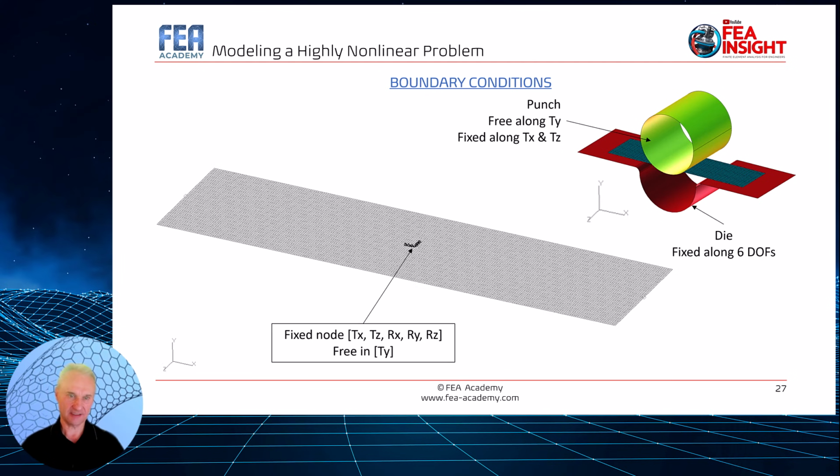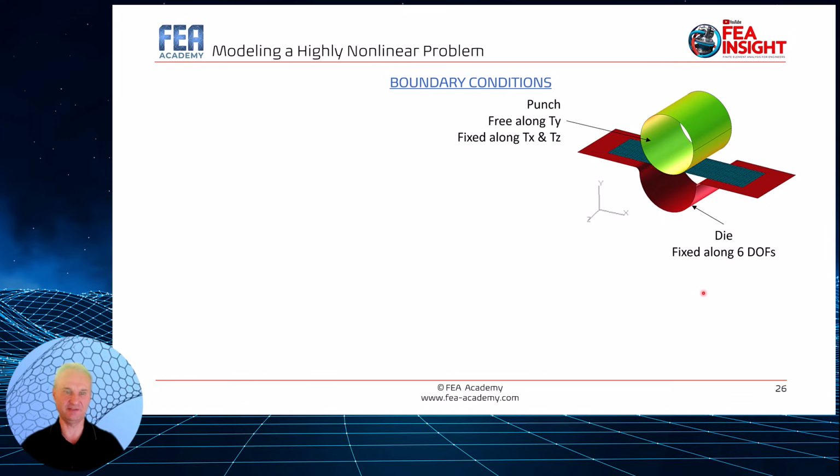So the plate, first I also have to specify something very important about the die, okay? The die is fixed along the 6 degrees of freedom, so the 3 translations and the 3 rotations. The red part, which is a surface, is completely fixed, because in reality it is the case.